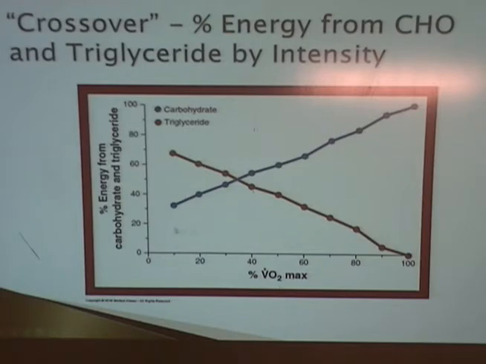So when we are at low intensities, all right, fat metabolism predominates. It's not that there's nothing going on with carbohydrate, right? There's always something going on with carbohydrate. But fat metabolism predominates when we're at low intensity.